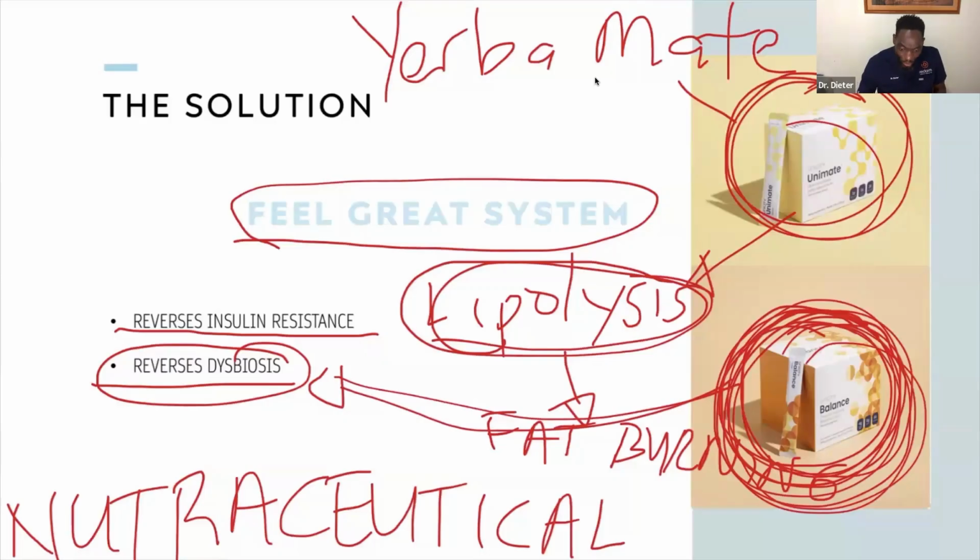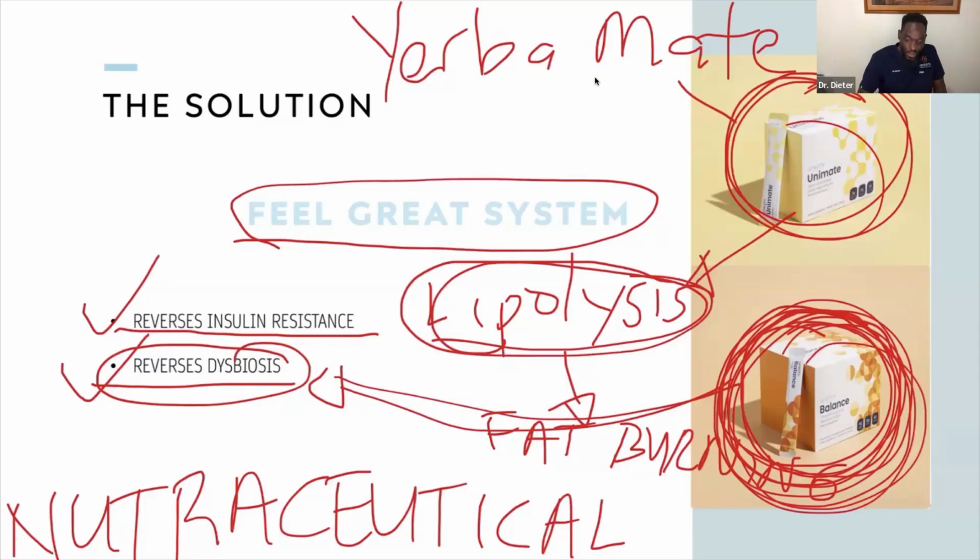Now, I will say this. More and more scientific evidence is out there that when the core of these issues, the insulin resistance and dysbiosis, are reversed, you can reclaim your health again, you can restore your health again.